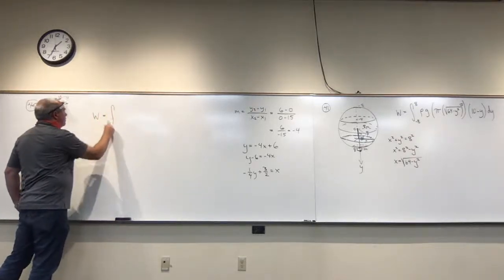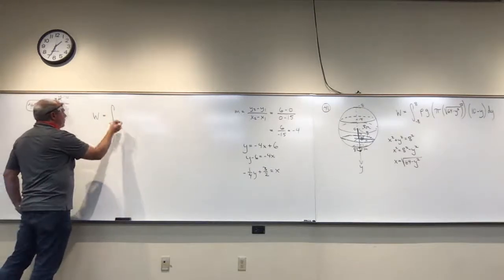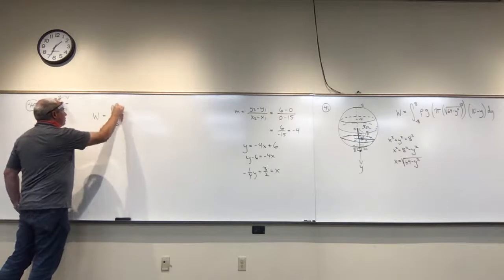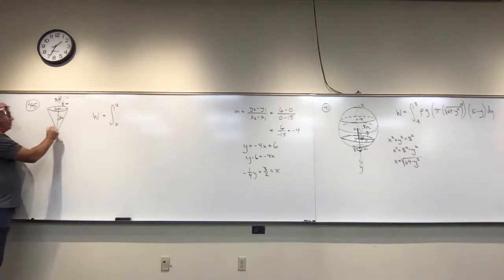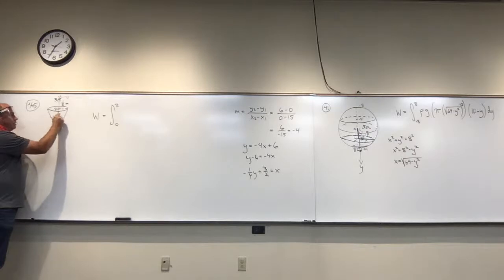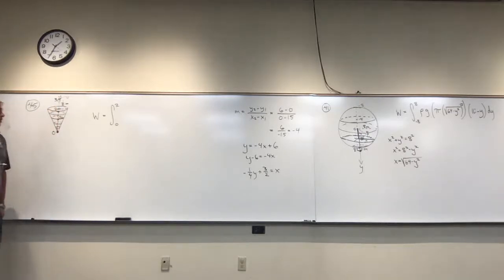So the work is equal to the integral from 0 to 2, because if I was slicing the water, I would start slicing at 0, and I'd keep taking slices until I got to the top of the tank, which is at 2.